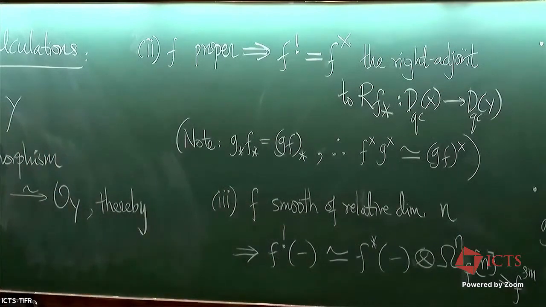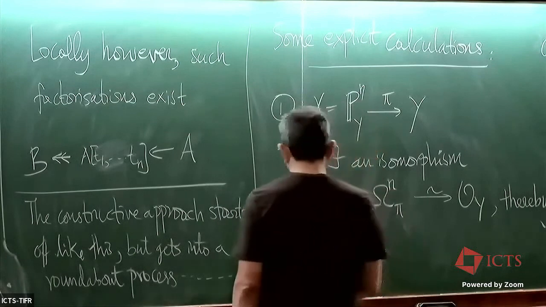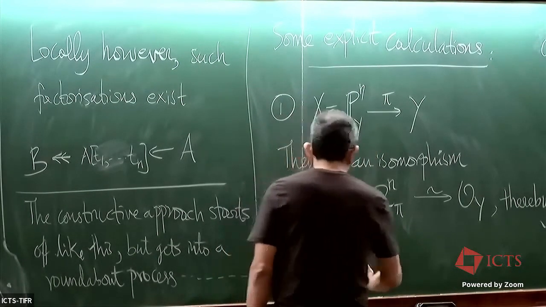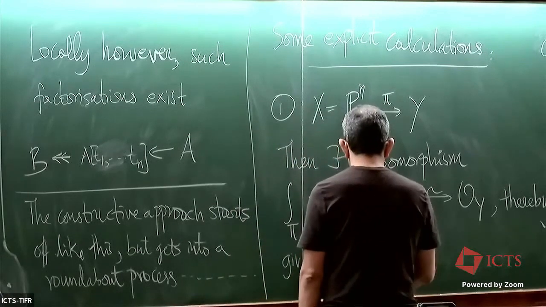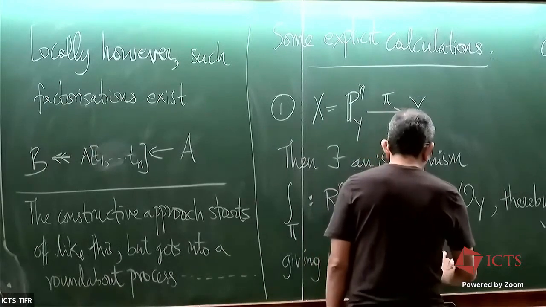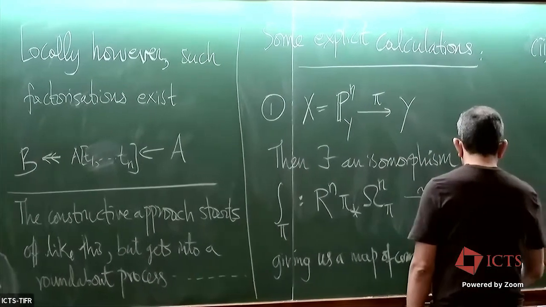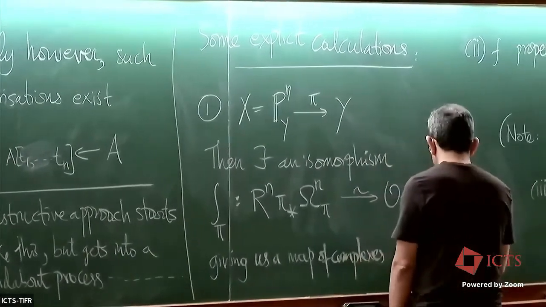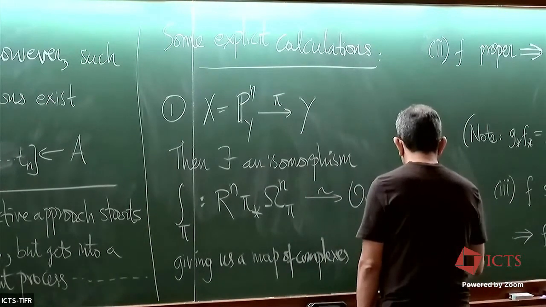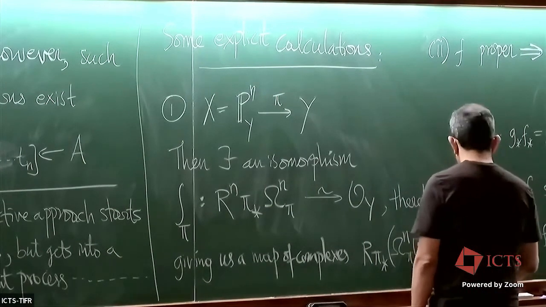And this is all standard, at least locally. So that's what I'm going to say here. So thereby giving us a map of complexes, R pi lower star omega^n_pi shifted by n, to O_Y.